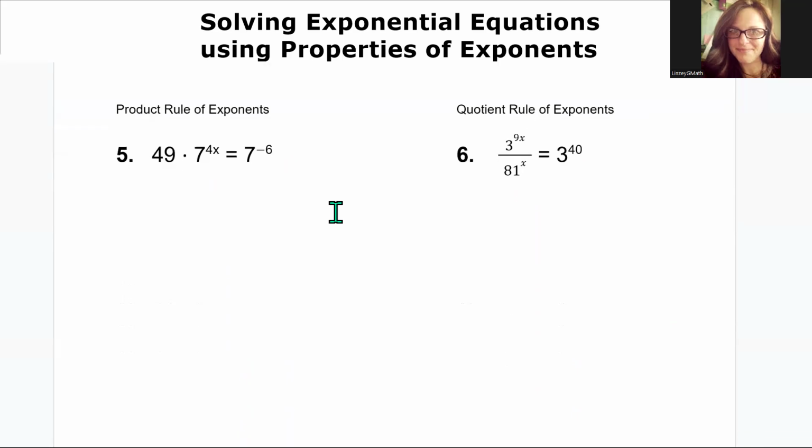Number 5. The product rule of exponents. When bases are the same, add the exponents. Here we have 49 times 7 raised to the 4x power is equal to 7 to the negative 6th power.